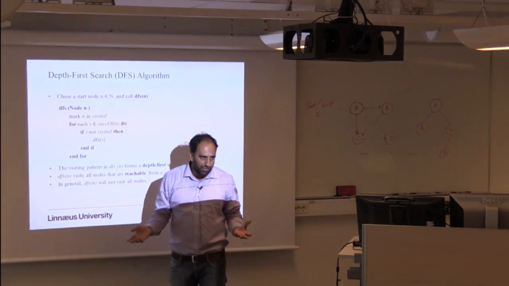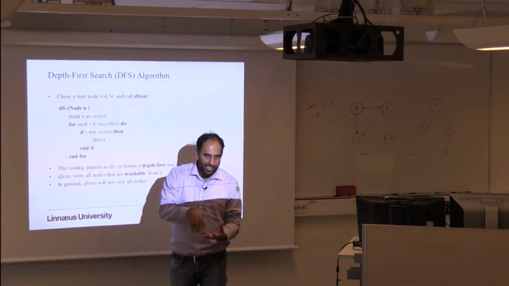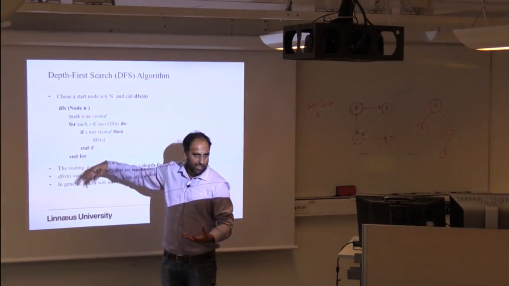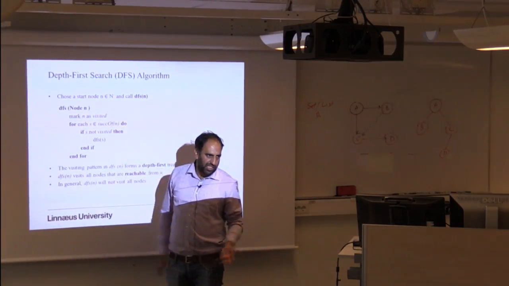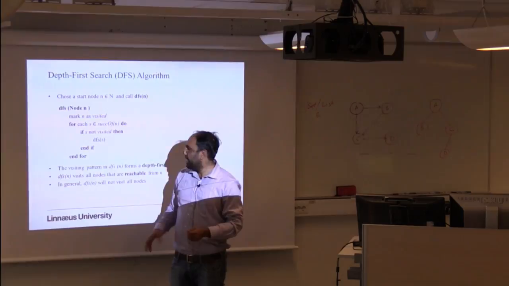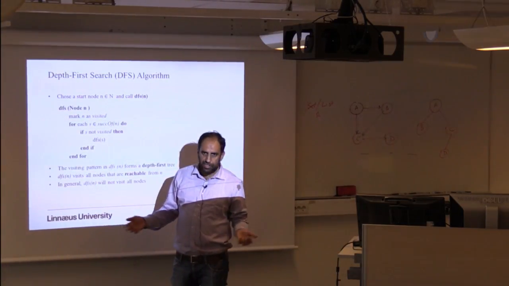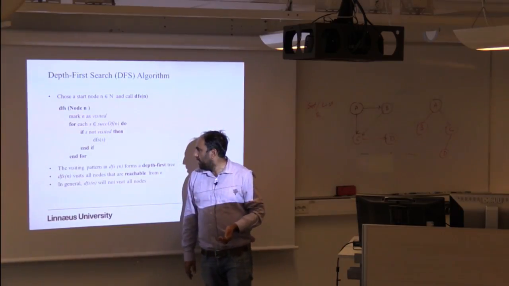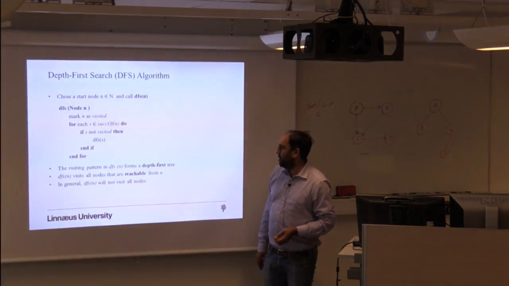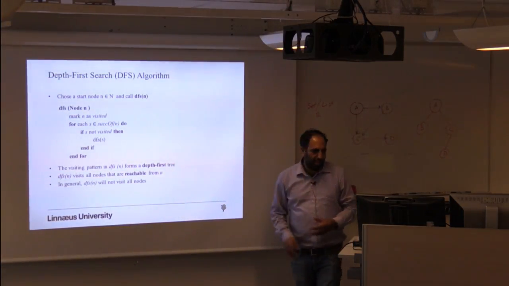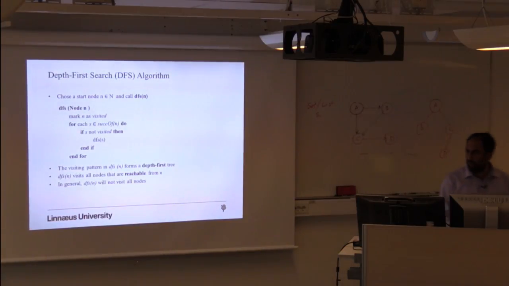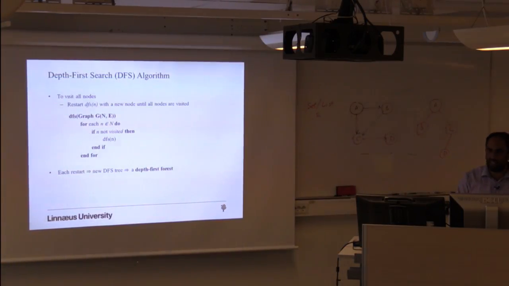It means that we have not visited it, so we need to visit it. But if you have already visited it, then you just ignore it. You don't need to do it again. Okay? This will be more clear if we look at an example here.